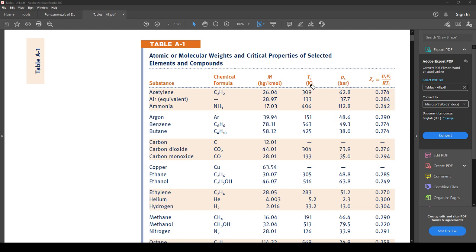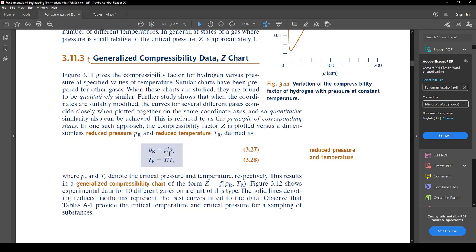This right here is where you have to go to find that value, okay? And so what you would do is, let's say we're looking at argon or something, you would go down here, grab TC, grab PC, right? And then you'd go back to your question, and you divide the pressure and the temperature that they actually gave you, and you would get the reduced pressure and the reduced temperature.